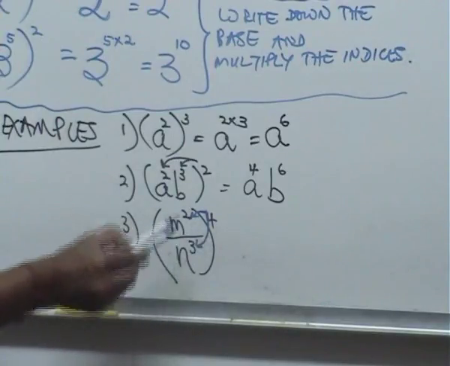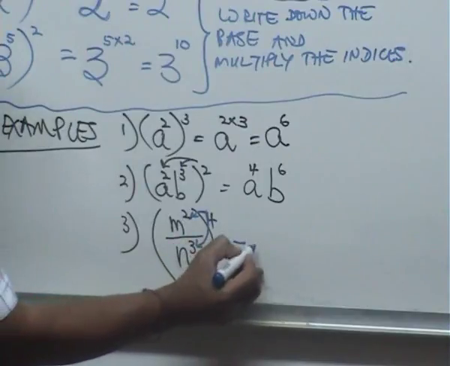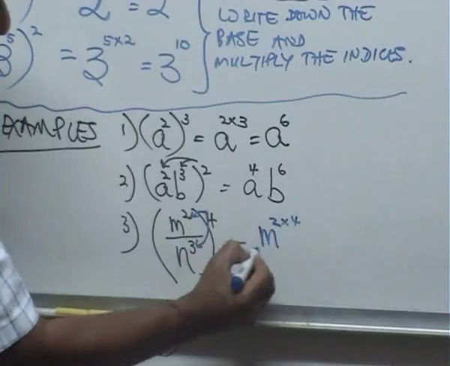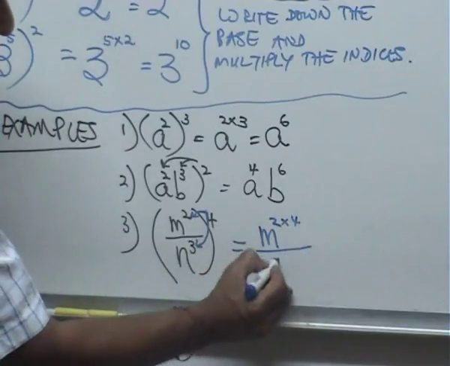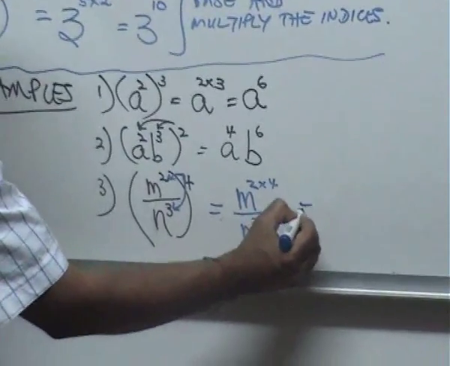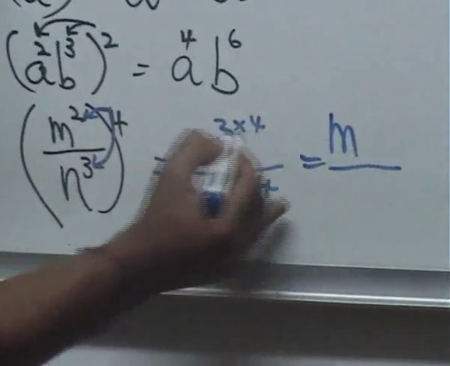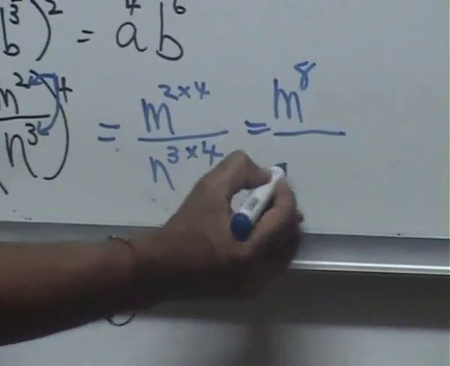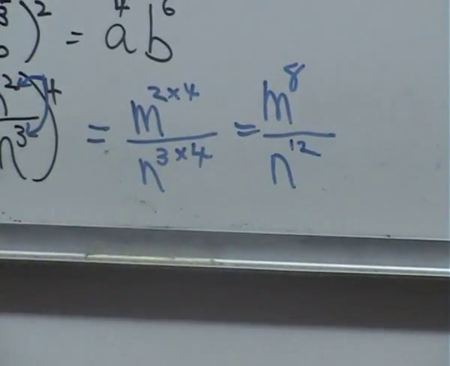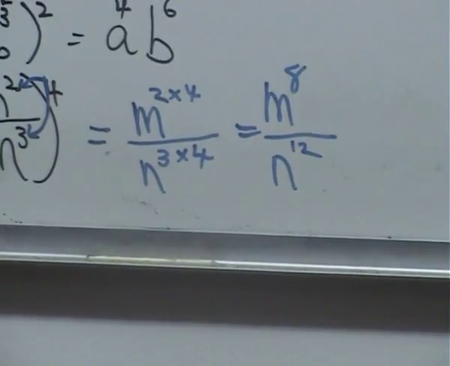The power has to go upstairs and downstairs. So, on the top you got m, 2 times 4. The downstairs you got n to the 3 times 4. So, there you got it. 2 times 4, 8. In here you got n, 3 times 4, 12. So I'm going to do a few more examples on the board to make this clear.